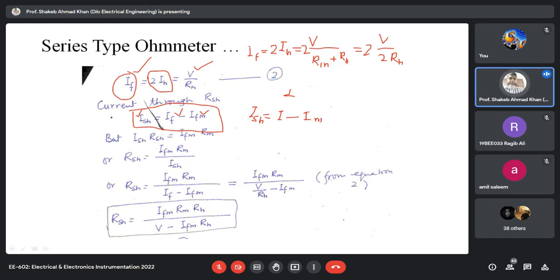In the worst condition, when the maximum current, that is IF, is drawn from the battery, at that time we want that the full scale deflection current should flow through the meter. We are ensuring it by writing this equation, and the remaining amount of current should go through the shunt. We want such kind of shunt.